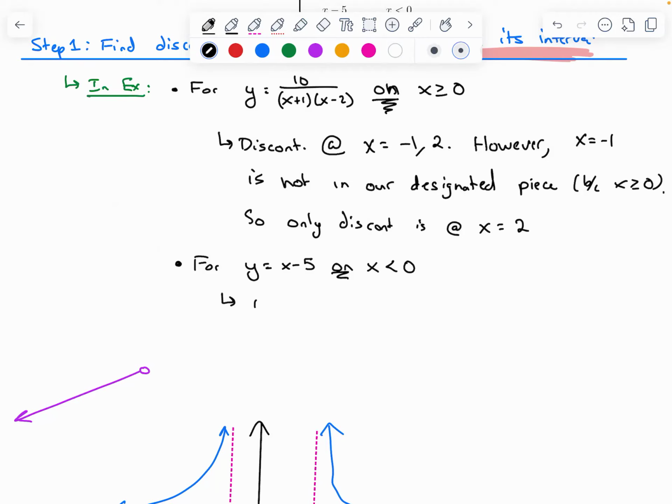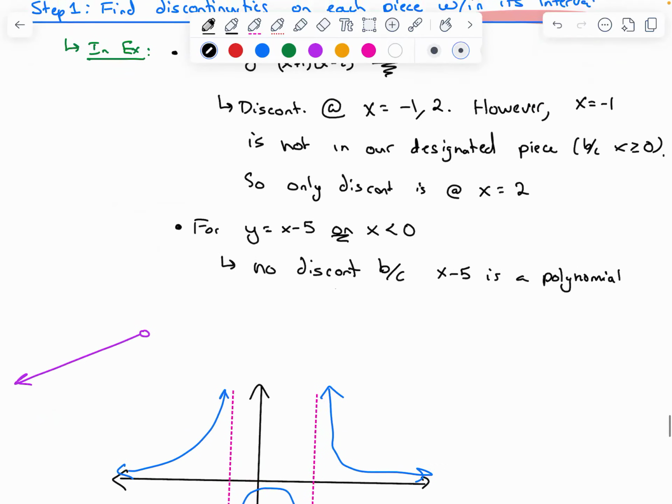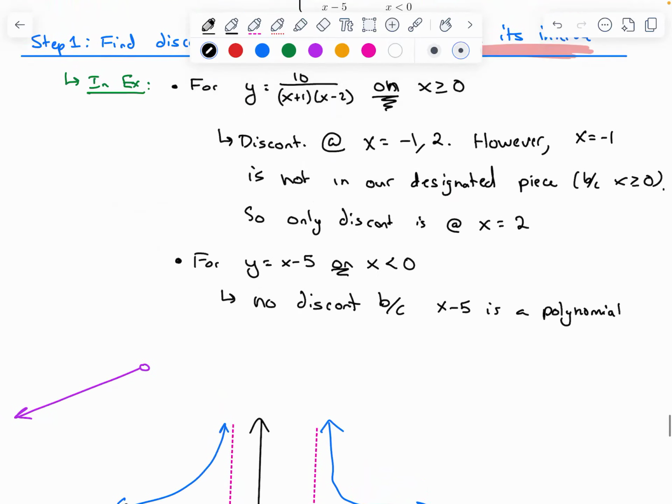So no discontinuities, because x minus 5 is a polynomial. No issues. There's no dividing by 0. There's no square roots of negative numbers.